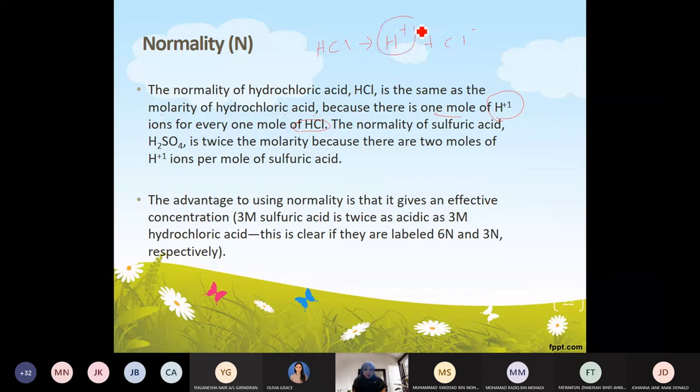So dia ada satu proton that can be donated. So we can say 1 mole of proton ion is the equivalent number. So the normality of hydrochloric acid will be the same as molarity. So if I report 1 molar hydrochloric acid, sama juga dengan 1 normality hydrochloric acid.